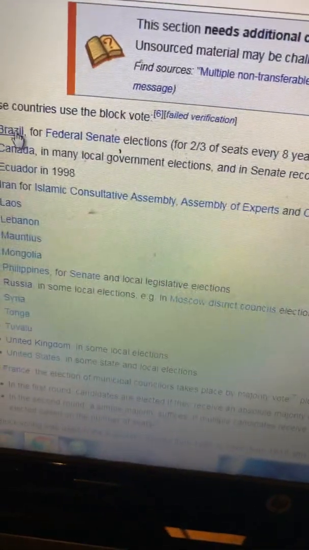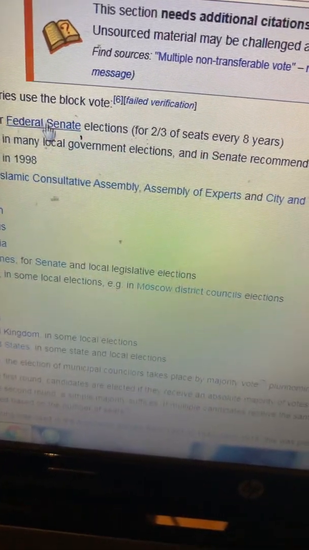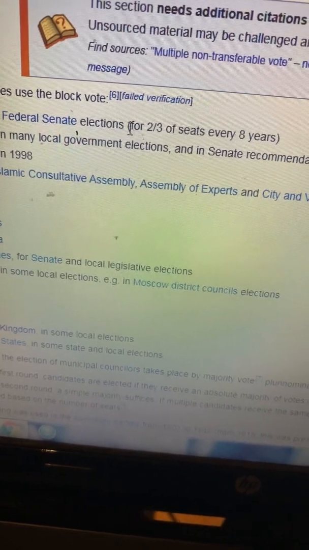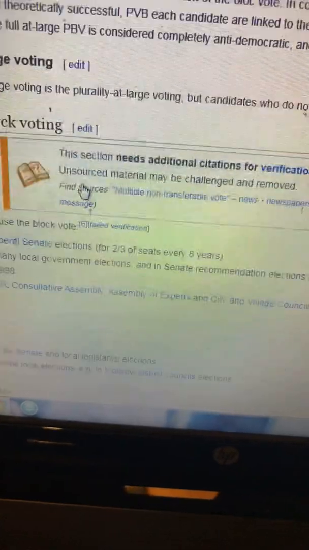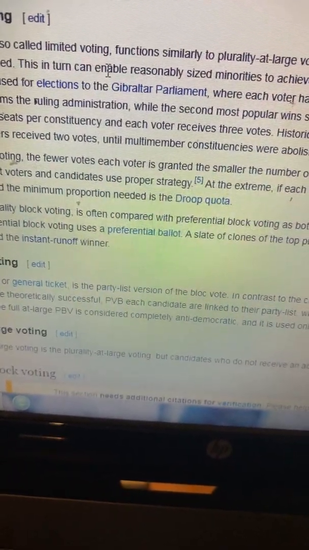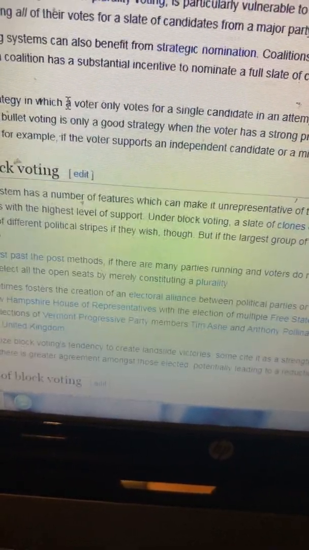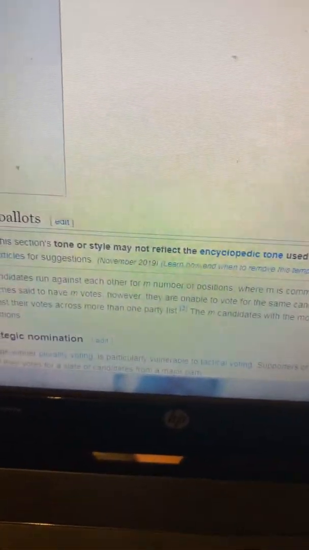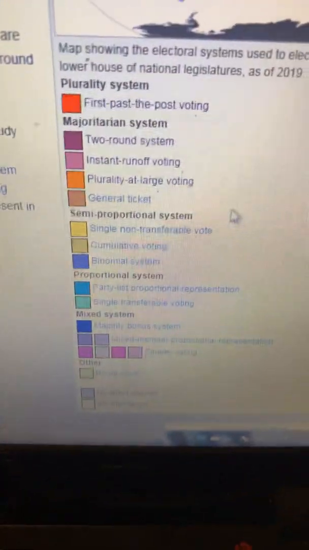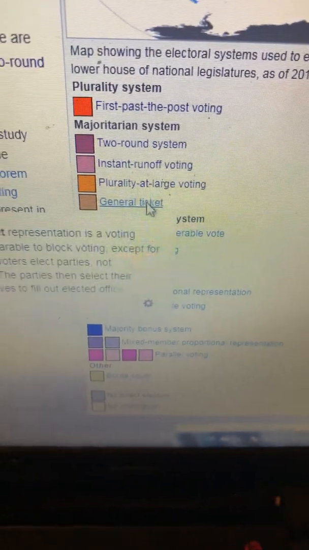The usage, like Brazil, for federal Senate elections, and then the general ticket.